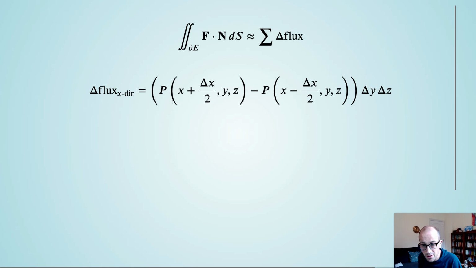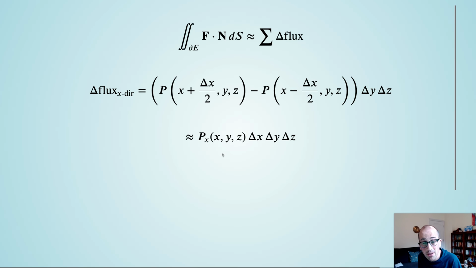But then I look, wait a second, this is a scalar-valued function at two different points where y and z are fixed. So I can use a bunch of things, linearization, the mean value theorem, even a couple of ways of looking at it. This is approximately just the x derivative of P in the middle there, times delta x, since these two points are delta x apart.